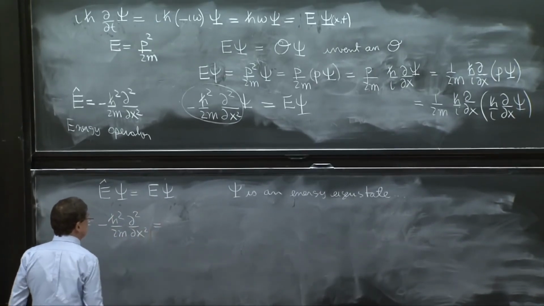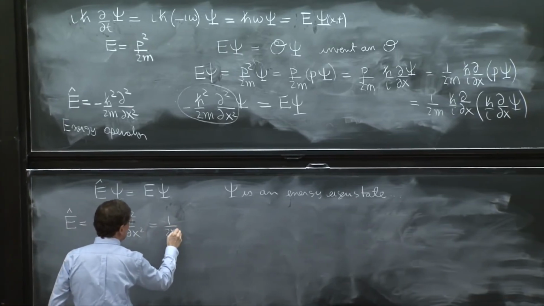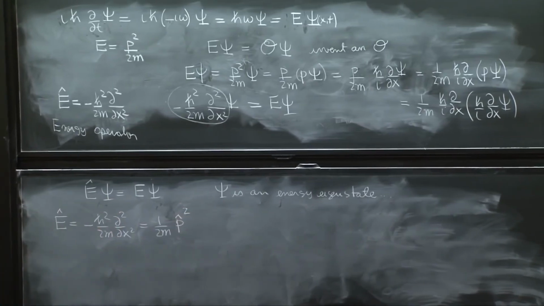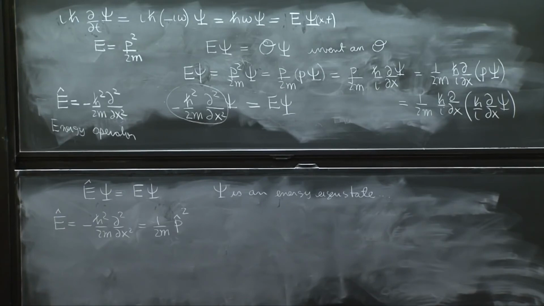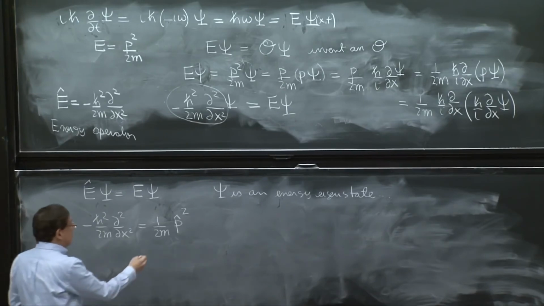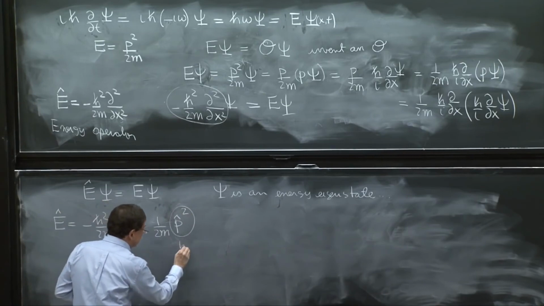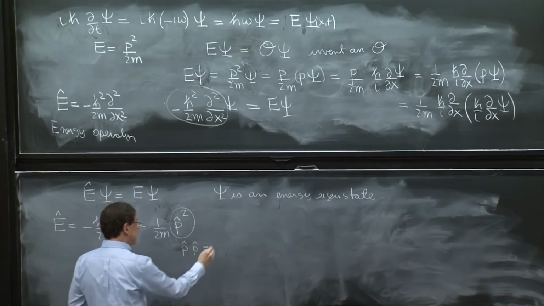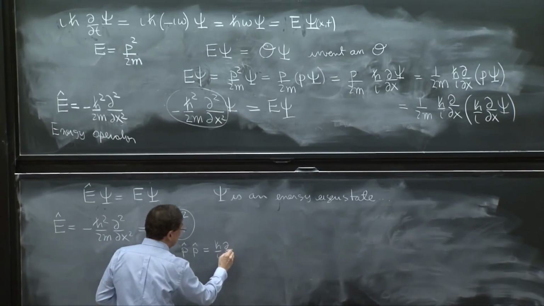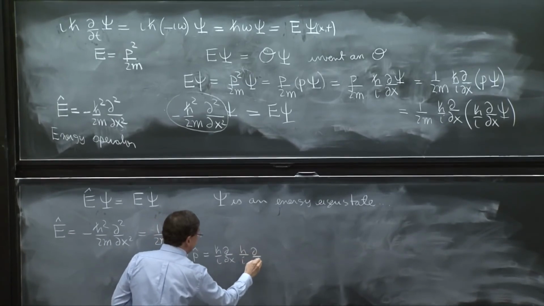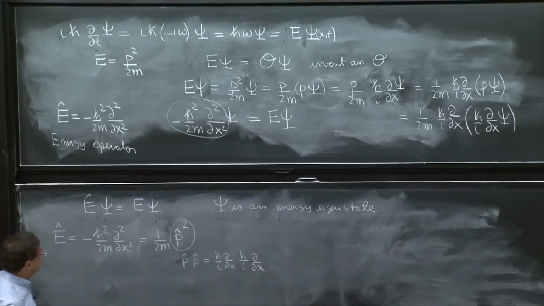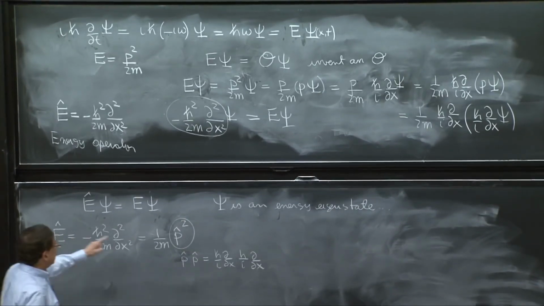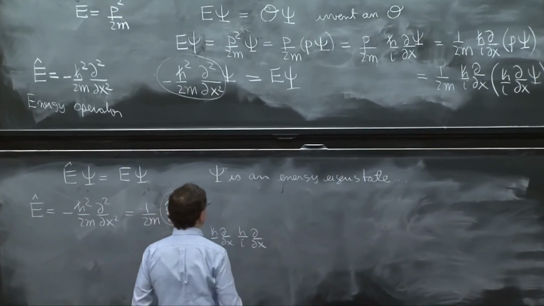But where it came from, it's clear that it's nothing else but 1 over 2m p hat squared. Because p hat is indeed h bar over i d/dx. So if you do this computation, how much is this? This is p hat times p hat. That's p hat squared. And that's h bar over i d/dx, h bar over i d/dx. And that gives you the answer. So the energy operator is p hat squared over 2m.